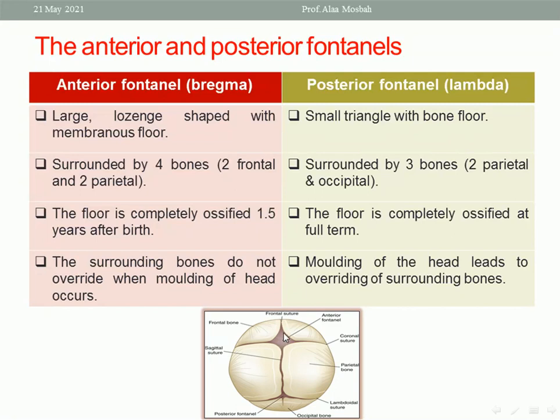It is lozenge-shaped, while the posterior fontanelle is smaller, triangular, and has a bony floor. The anterior fontanelle is surrounded by four bones, two frontal bones and two parietal bones, as you see here, while the posterior fontanelle is surrounded by three bones, the occipital bone and two parietal bones.